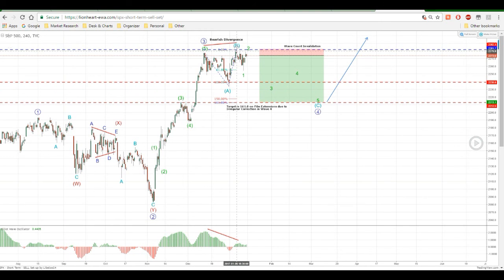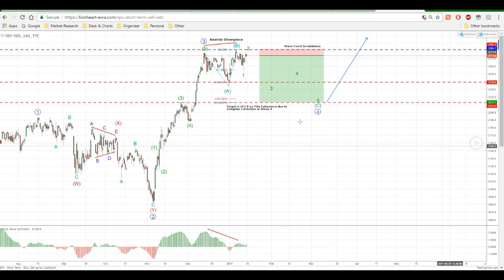The thing that I would like to tell you is that this B wave went beyond the previous high points, making this an irregular correction as a type of corrective structure, meaning that the C wave can be much more powerful and it can really go beyond the ending point of A, the starting point of B, which means that it will most likely be formed out of a five-wave structure on the downside, 1, 2, 3, 4, and then 5.